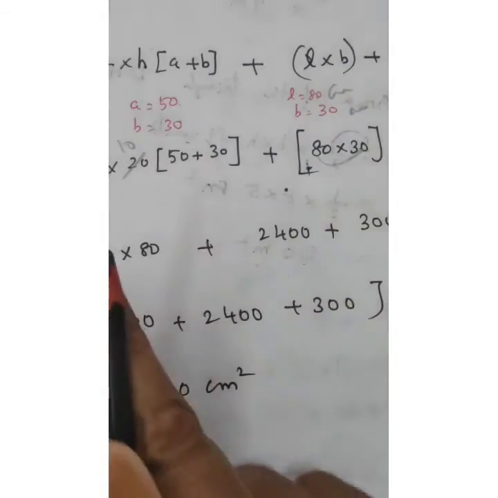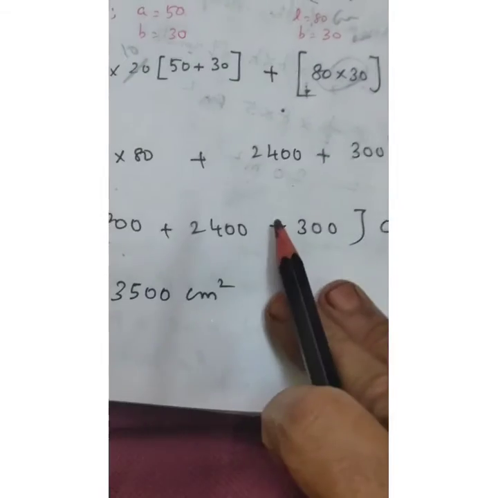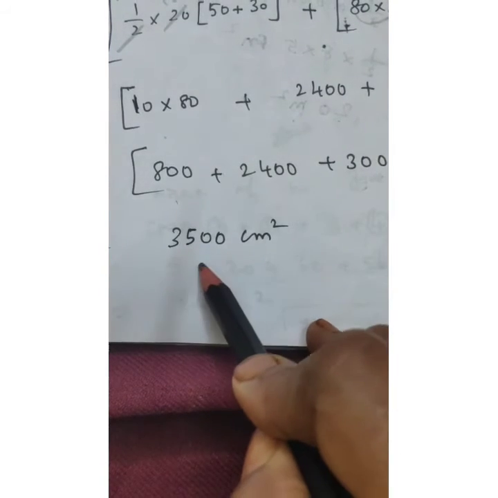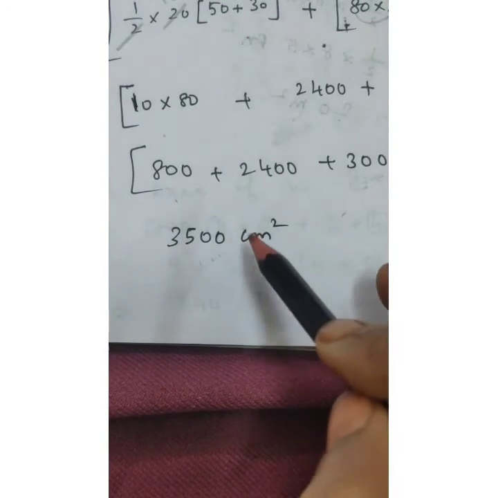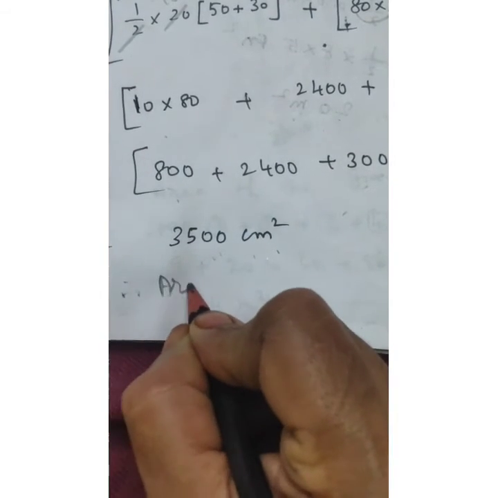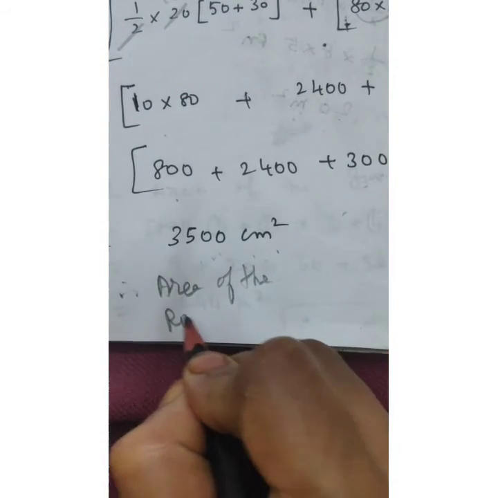Centimeter square. All of them add and write: 800 plus 2400 plus 300. Add all the numbers and get the answer equal to 3500 centimeter square. This is the area of the rocket. Therefore, area of the rocket equal to 3500 centimeter square.